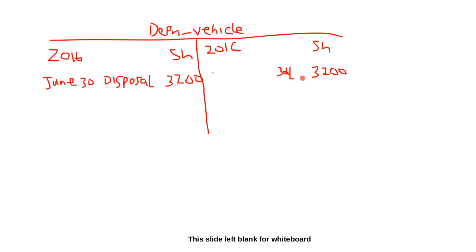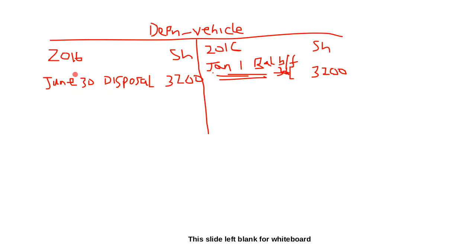This balance, remember, the date here should be Jan 1st because it was brought forward. Jan 1st, the balance brought forward, 3,200.